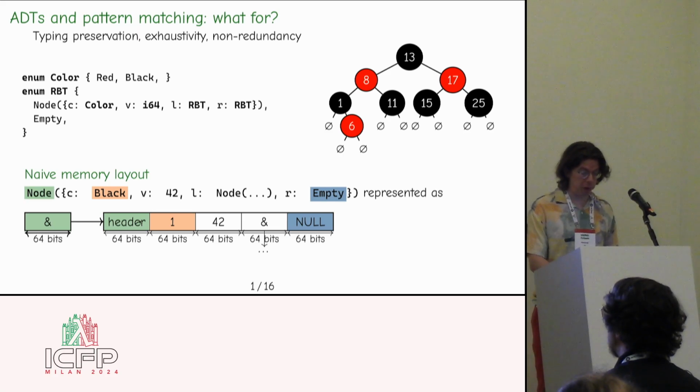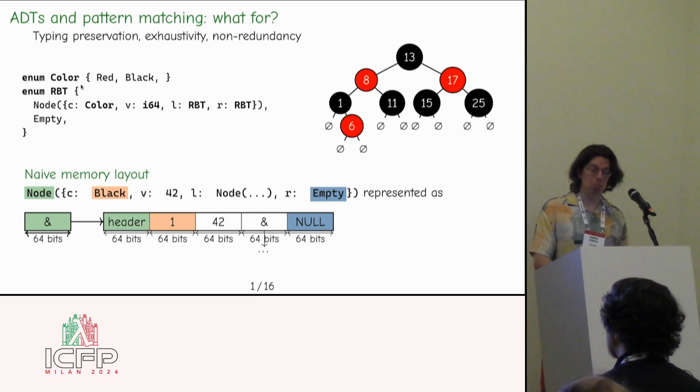Then we have 4 fields, and so we will have a header, probably in most languages, and 4 fields. The black is a 2-value, but here it's very naive, so it's going to be represented on 64 bits. And at the end we have an empty, which is a null pointer in practice.